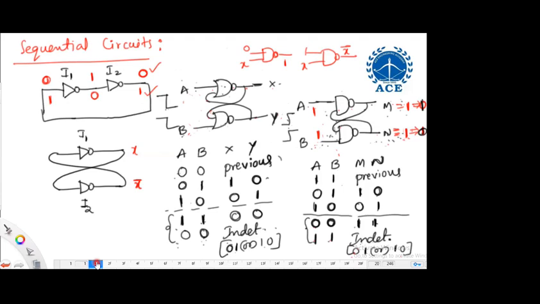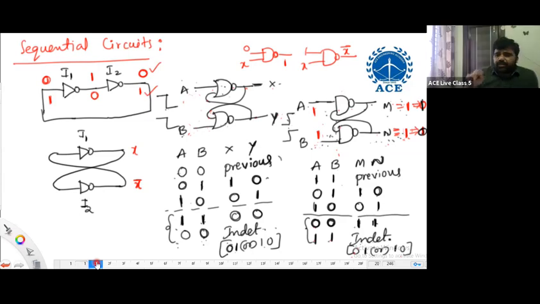In that case, the delay of the lower one will be more. Whatever be the delay, when you are applying 0 1 and 1 0, there won't be any problem. Finally, it is settling to the function expected only. Functionally, we are able to say 1 0 output means it will be 1 0 after some time. There may be delay, but finally, what is stable? 1 0. Even though these have different delays, not a problem.